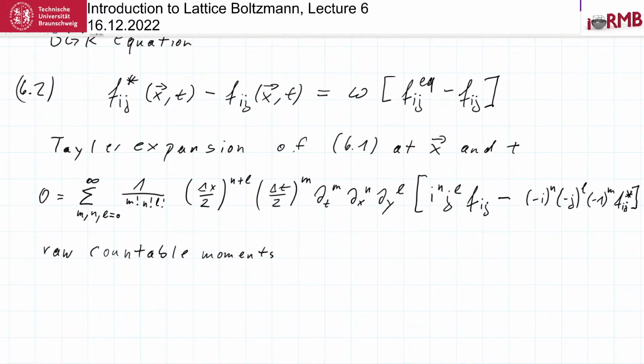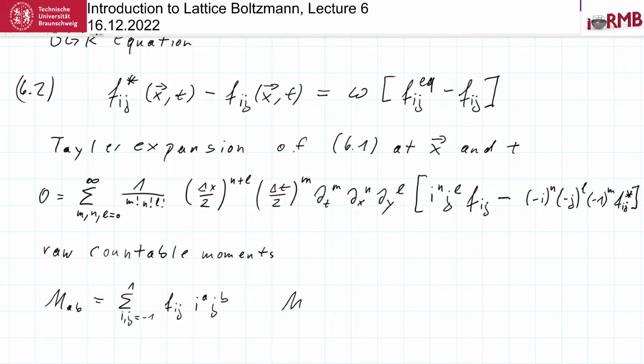They are defined, as already in a previous lecture, as M_AB being equal to the sum over i and j equal to -1 to 1. So this is over all the different directions, f_ij, i to the power of a and j to the power of b.